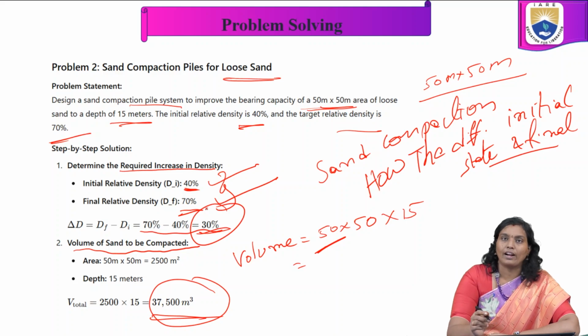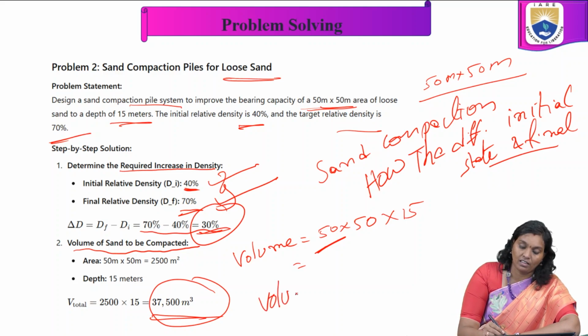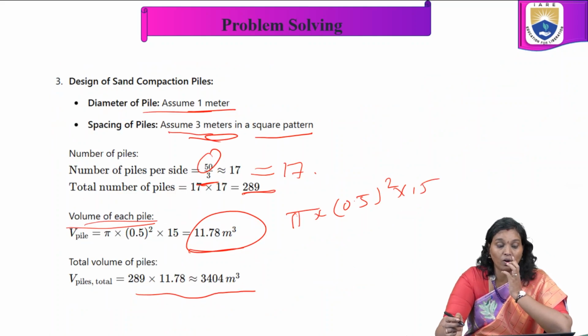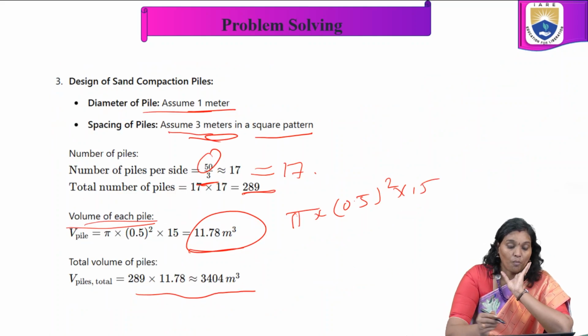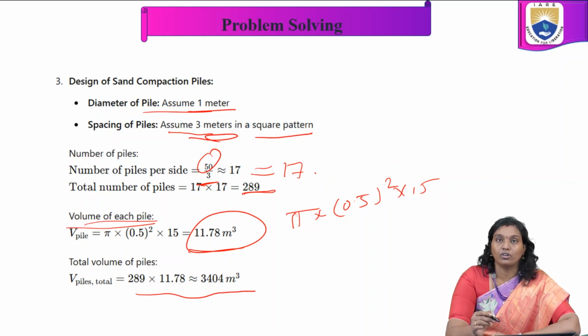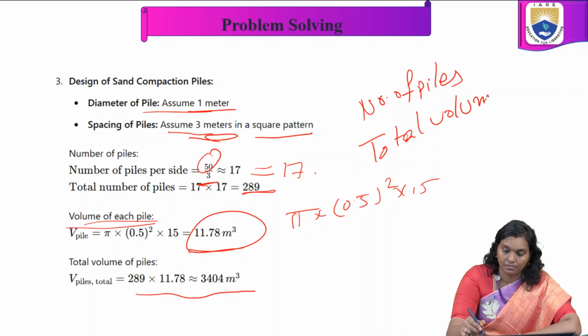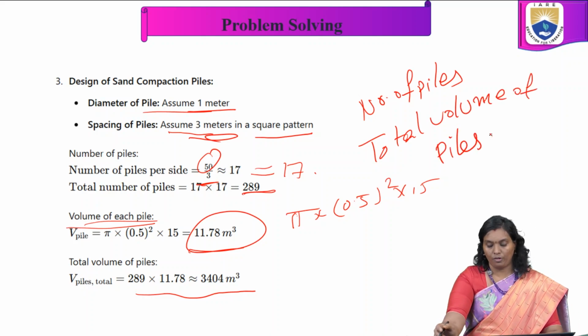And also find the total volume of the sand for whatever the area. Now design the sand compaction piles. According to that we are going to design how many piles are required for that particular project, and also the total volume of those piles. These are the steps involved in this particular problem statement.